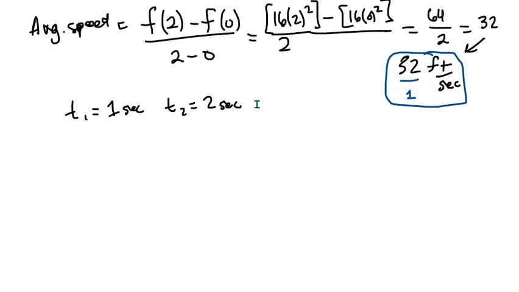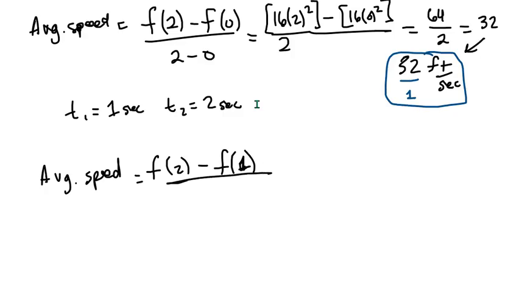So we plug right back into our formula: F of 2, our stopping position, minus F of 1, our starting position. The time that has passed was 1 second, but you can get that by saying 2 seconds minus the starting 1 second. We already did F of 2 a minute ago. That was 64. Now F of 1 would be 16 times 1 squared.